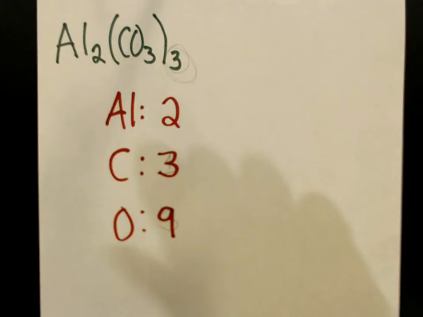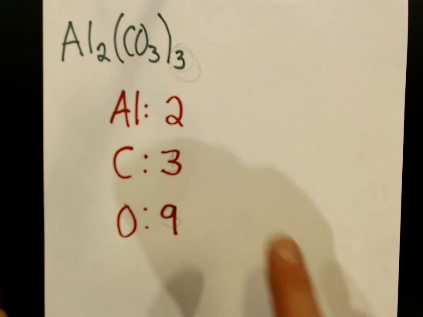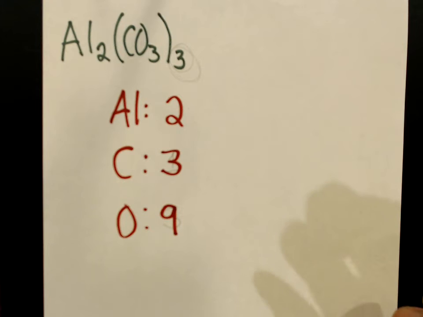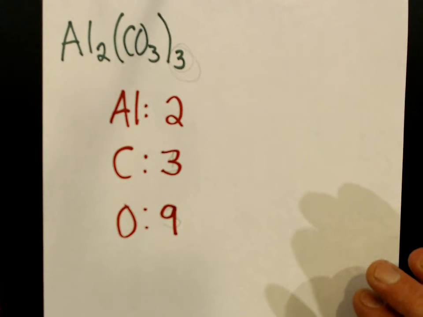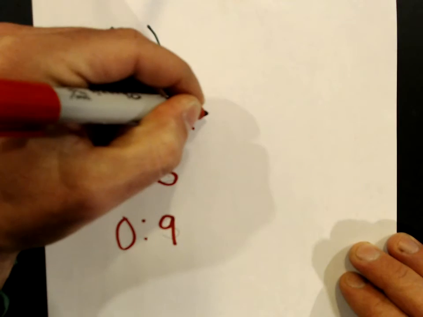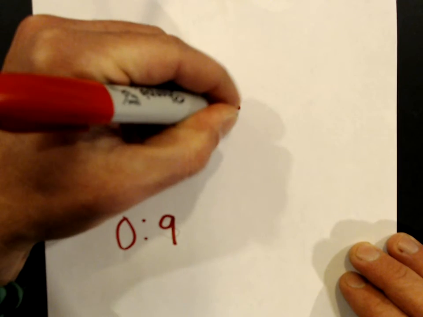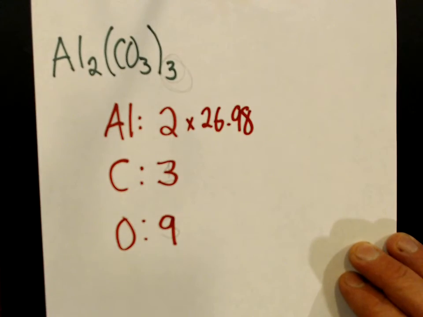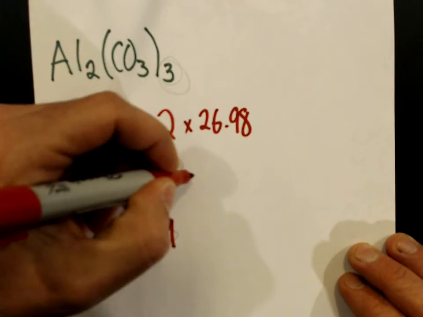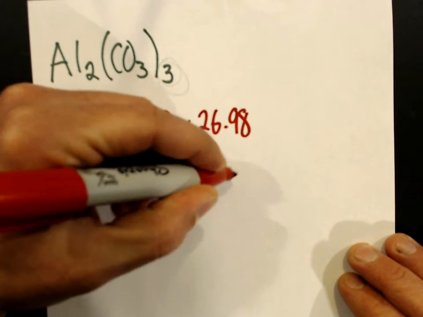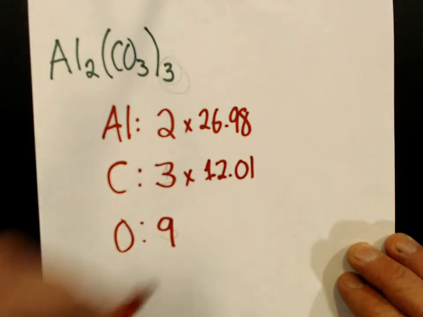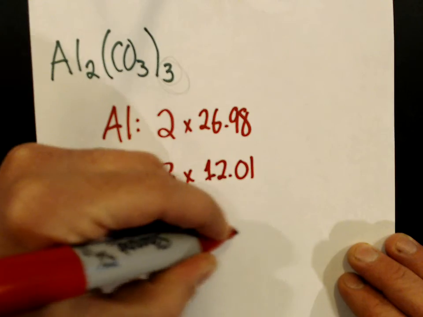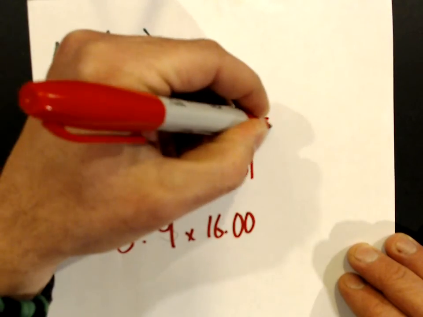Now we'll look up their masses on the periodic table, rounded to 2 decimal places. Aluminum looks like 26.98. Carbon, 12.01. And then oxygen, 16.00.